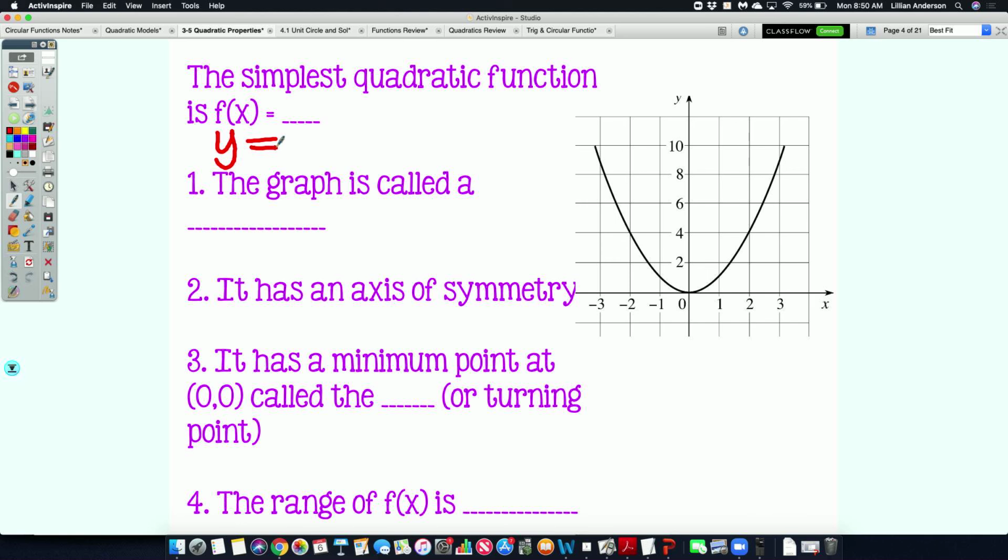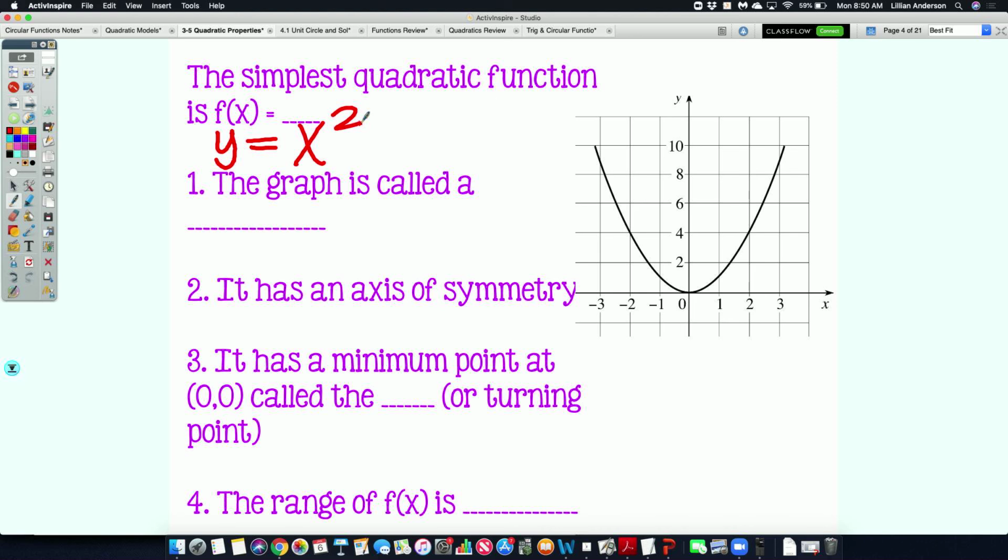X to the power of 2. Thank you, Christian, for saving this sinking ship. Yes. X squared. That is your most basic function. That was your parent function from Algebra 2. That was your parent function from Algebra 1. That was your most basic, okay?